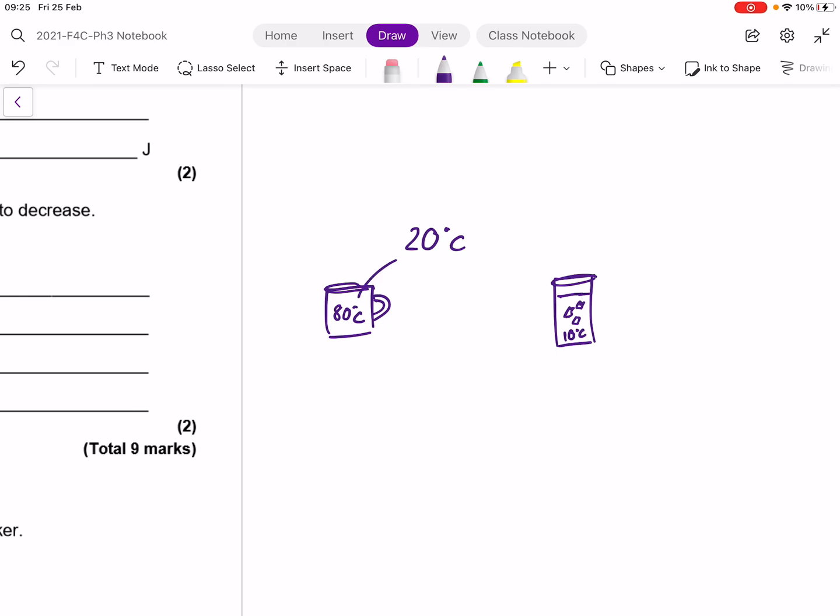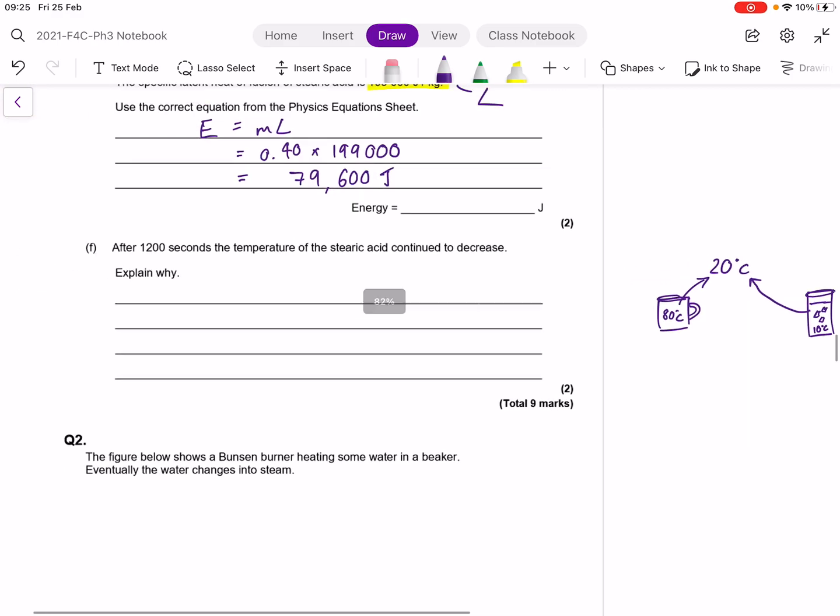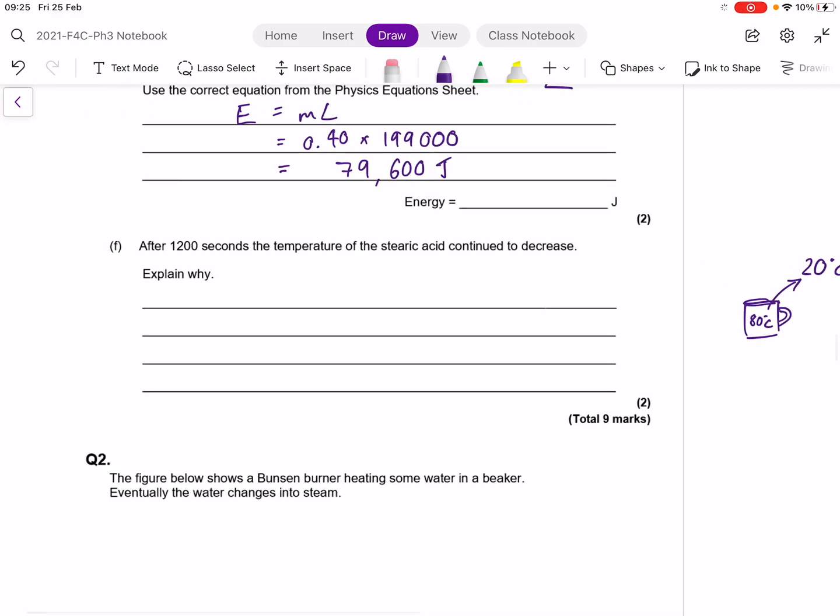Well, the 80-degree cup is going to cool down. The lemonade is going to warm up. So what's going to happen here? We're going to see that the stearic acid temperature is higher than room temperature. Let's use bullet points.